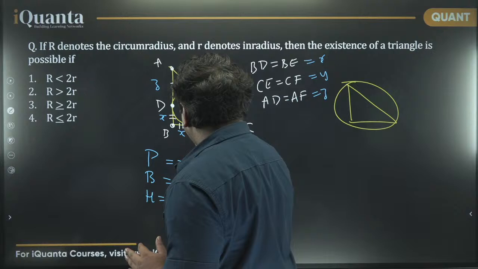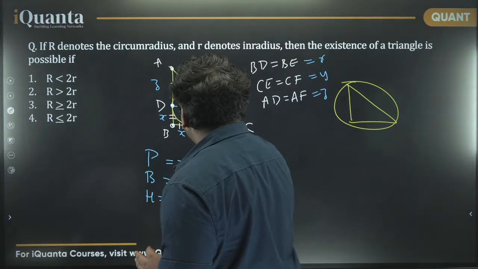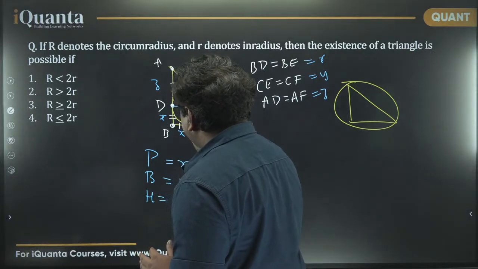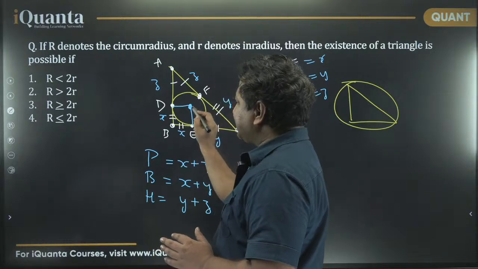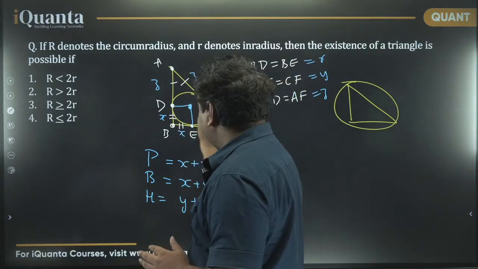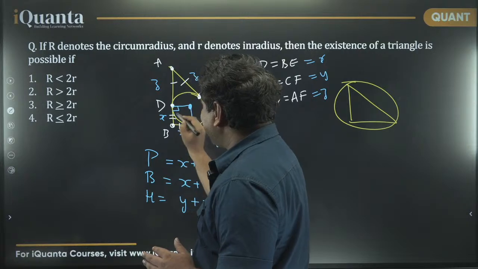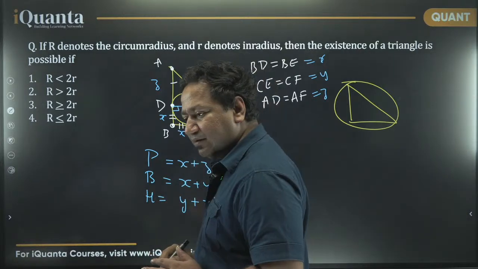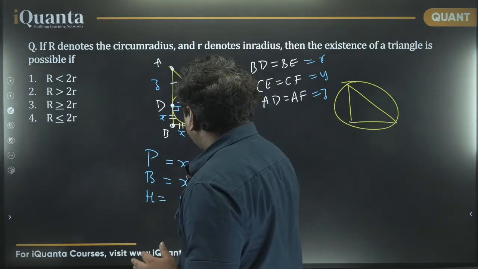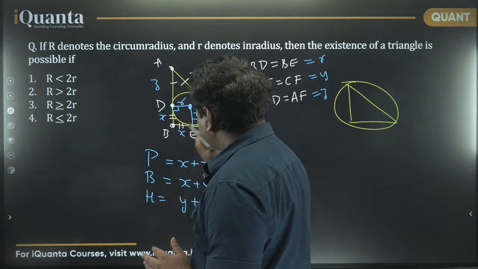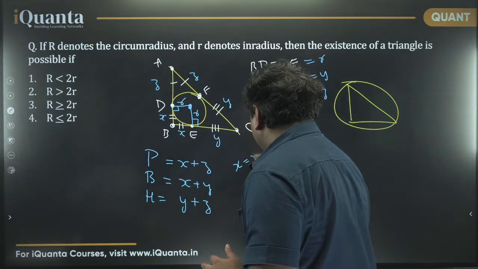Moreover, if I join these points to the center, this will form a square. So from the center, if you drop a line to the tangent, it's always 90 degrees. This is R, this is radius, R and R. So can I say X is equal to R? Yes or no?